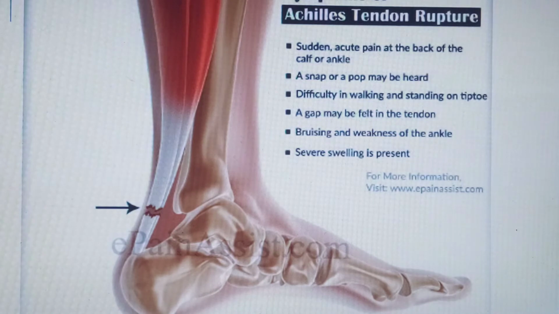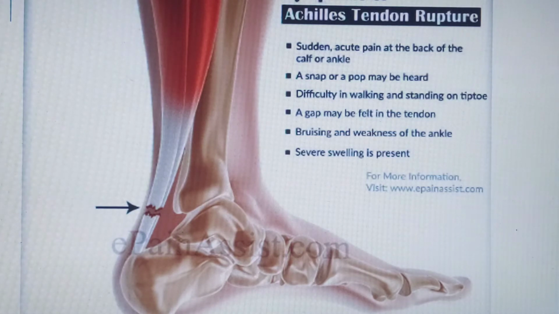Some people may also have chronic inflammation of this tendon. One or two reasons could be infections. So if there is frequent inflammation of the Achilles tendon, the person may be prone to rupturing of this calcaneal tendon.